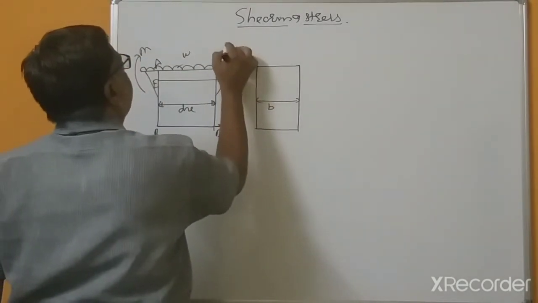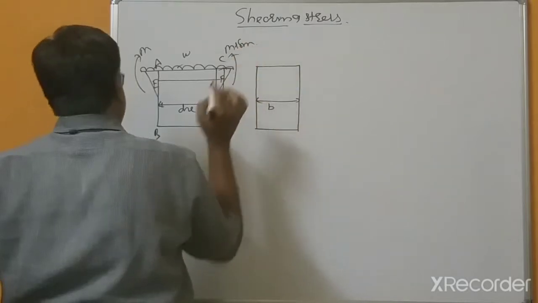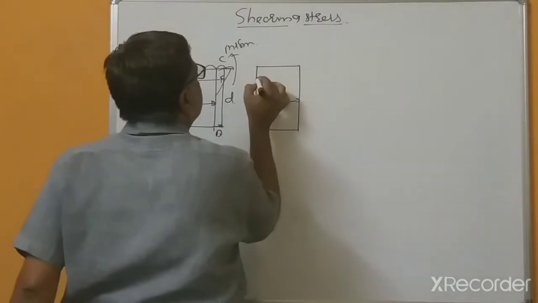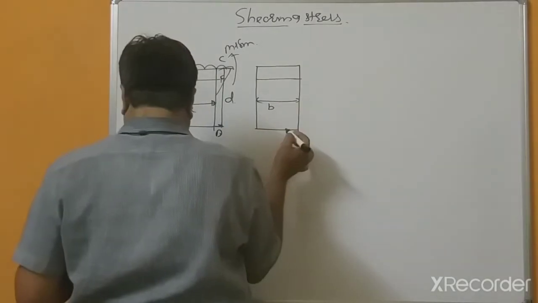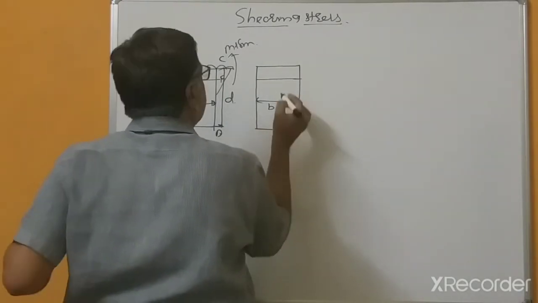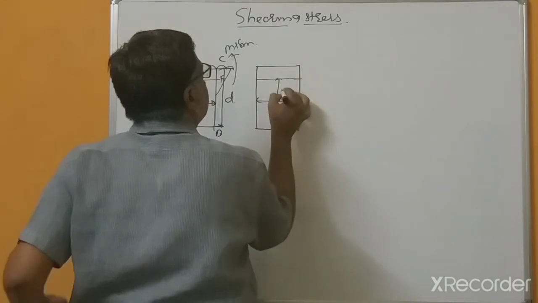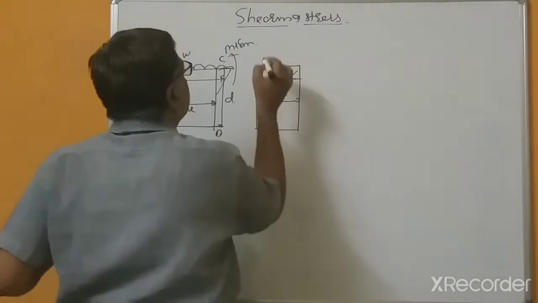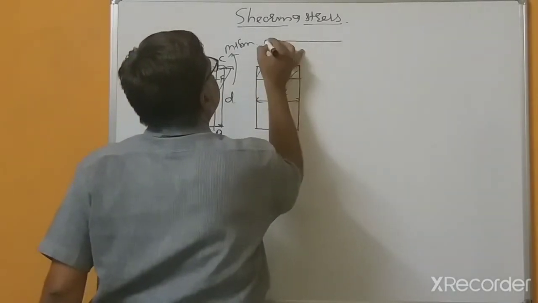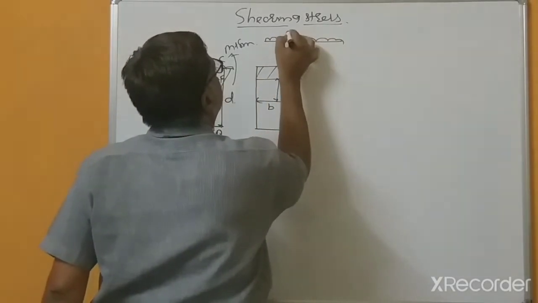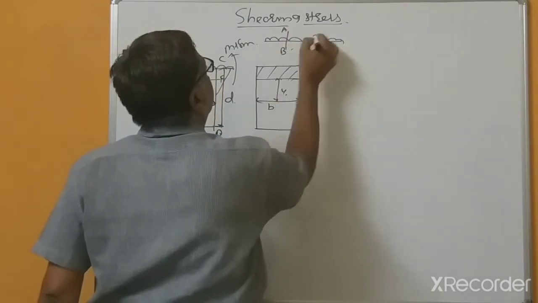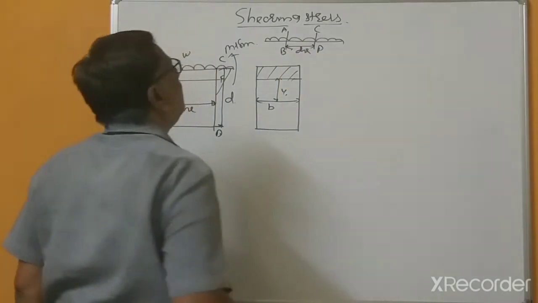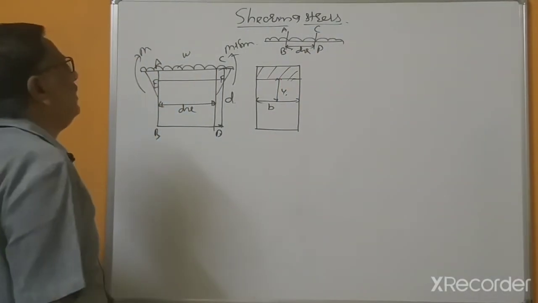This is the section, this is distance y. Here you consider this is A, B, and this is CD, and this distance, length equal to dx.